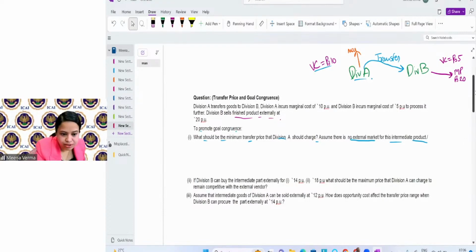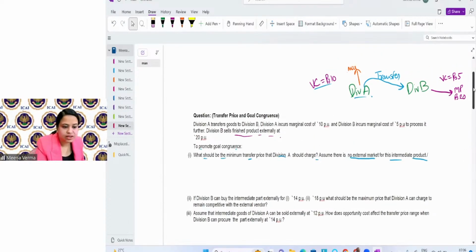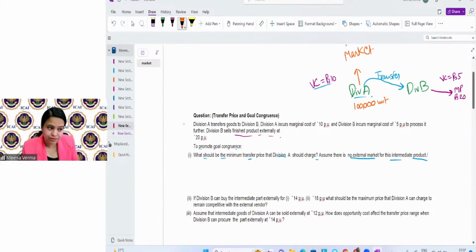Generally, in such questions we see it has no external market. You can imagine this division has some capacity, not mentioned, so for example, Division A has a capacity to produce 1 lakh units.